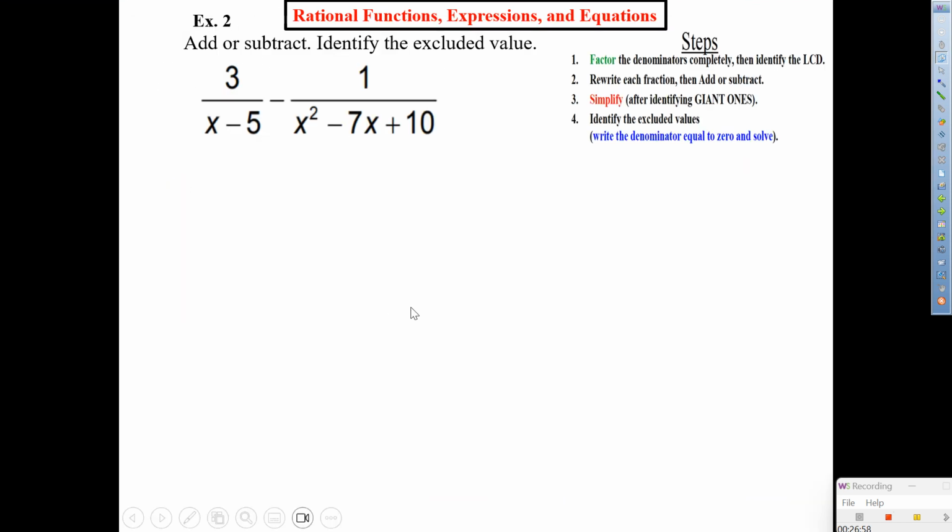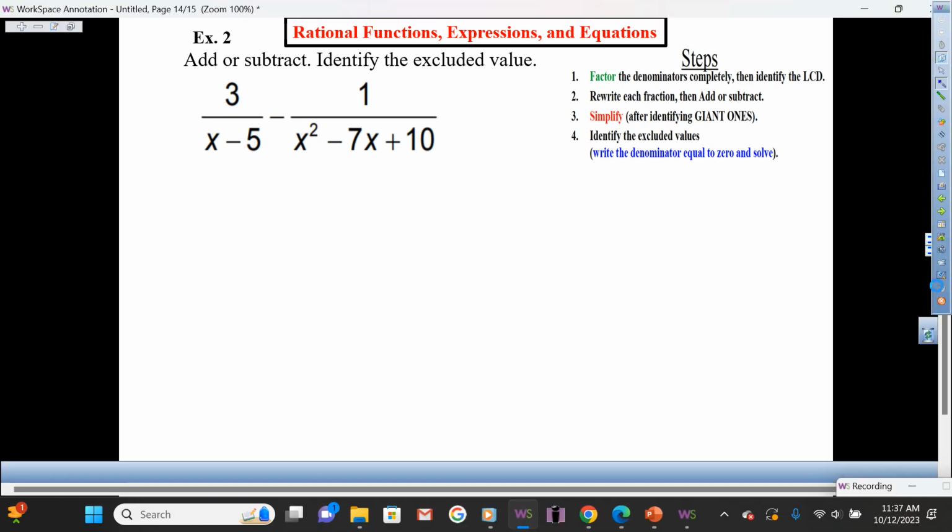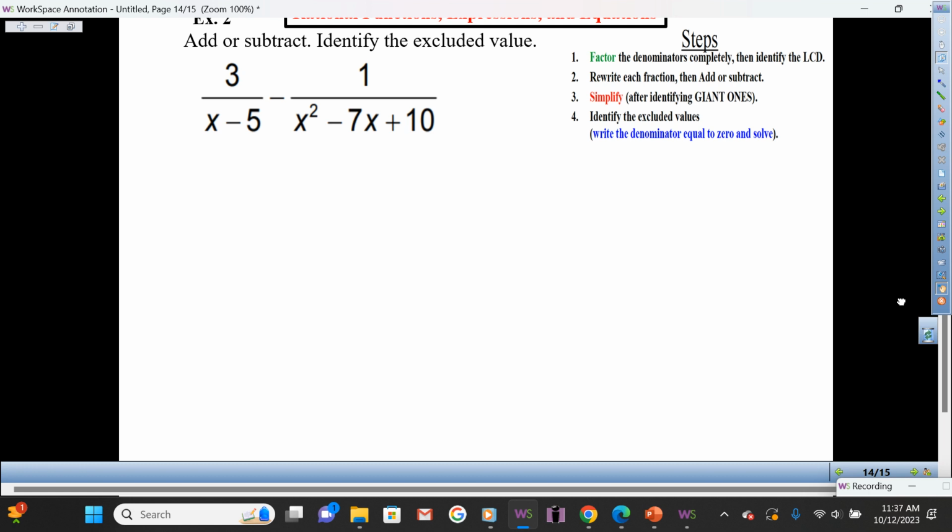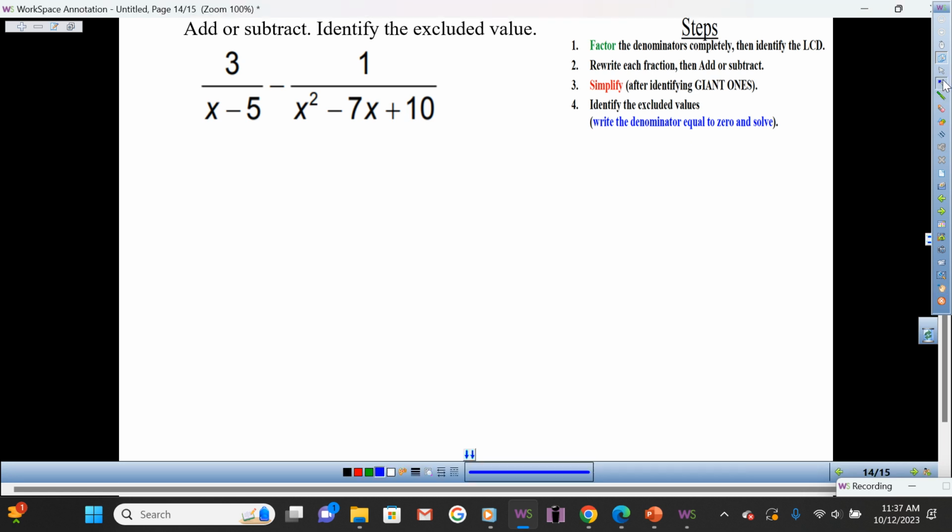Example 2. 3 over x minus 5 minus 1 over x squared minus 7x plus 10.